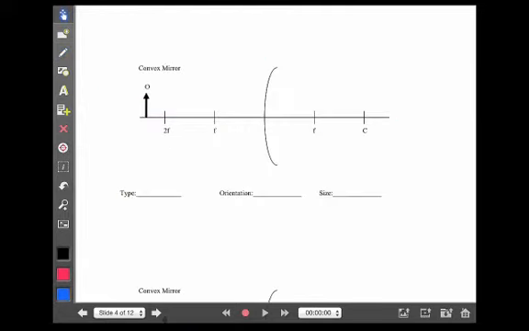Well, we're going to look at the same 5 situations for a convex mirror. Now, the rules are still the same. The first ray goes from the top of the object through C, the center of curvature. But C now, for this mirror, is way over in virtual space. So I've got to draw my first ray from the top of the object all the way to C. Now again, when I go into virtual space, I do dotted lines, the way I was taught.